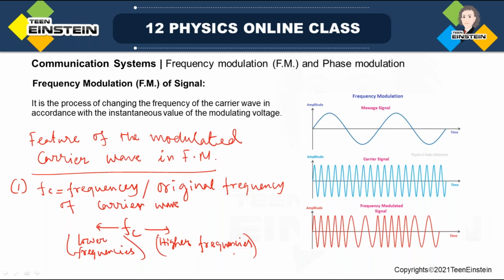Okay, so when the modulating amplitude has maximum positive value, the modulated carrier wave will have the maximum frequency. When the modulating amplitude has maximum negative value, then it will have the minimum frequency.